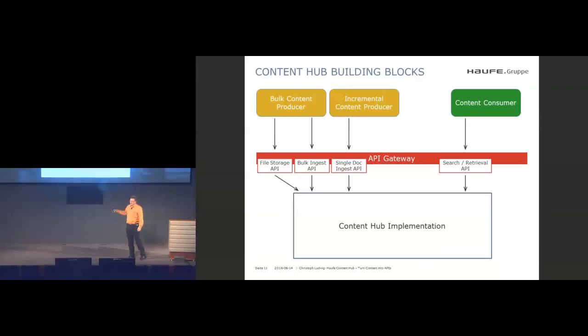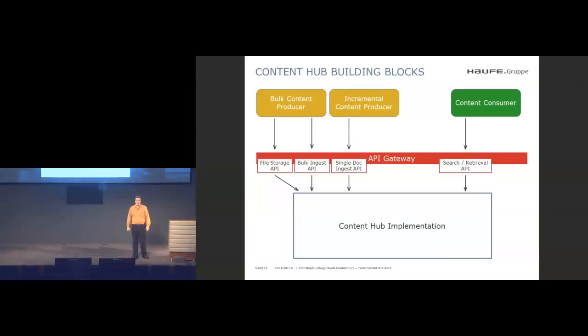So we must be able to ingest these bulk archives. Since transmitting such large files over HTTP is a little bit tricky, it's likely we will also need a file storage API that allows us to hand over these large files to the service implementation.